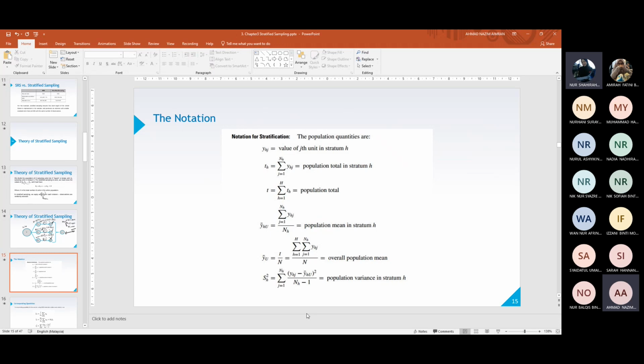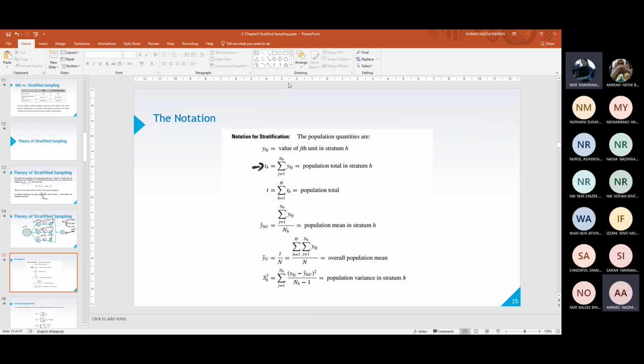Same as in simple random sampling, you can estimate the population total and the population mean. But in the stratified sampling technique, you can go further, because we have the value for each stratum.